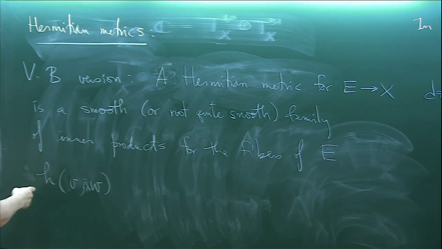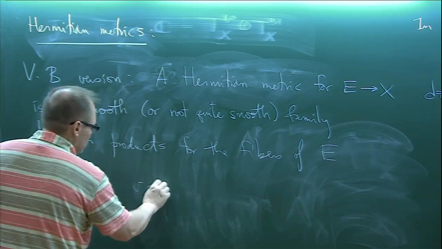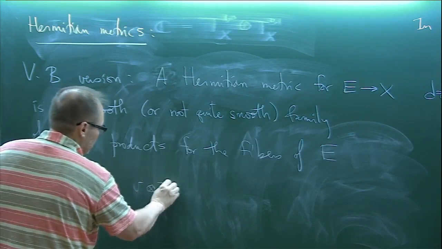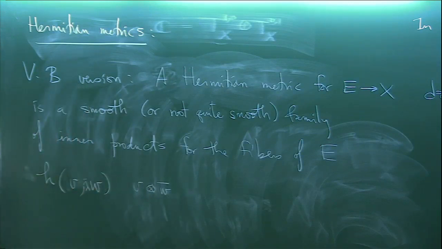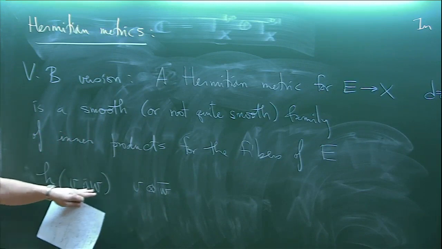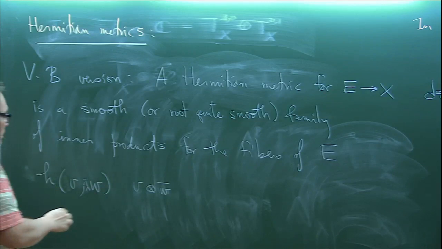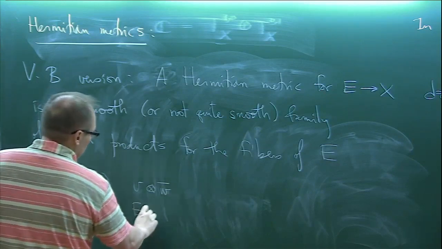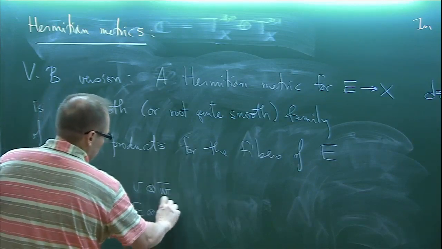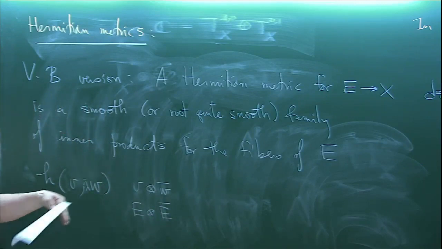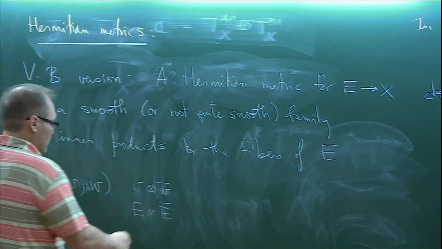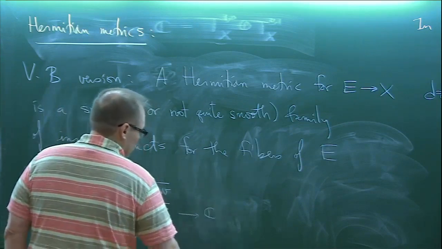So you really can think of this H not as acting on a pair of vectors, but rather on a tensor product, V tensor W, which has exactly this particular relationship with scaling. You can scale either of the vectors. So it takes an element of E tensor with the vector bundle which is the complex conjugate of E, and produces a complex number in C.